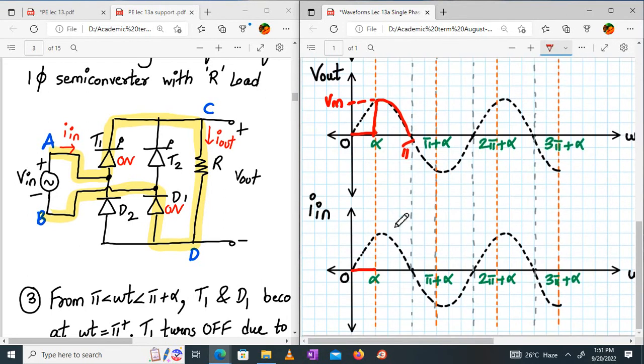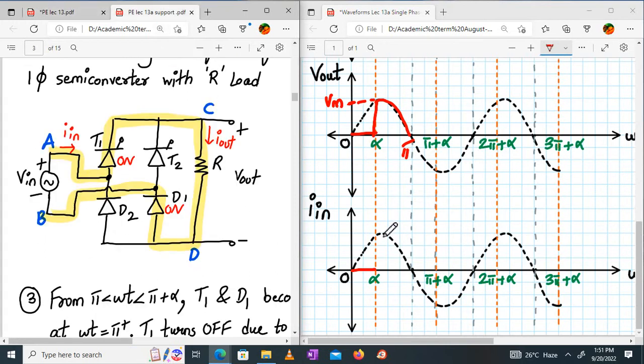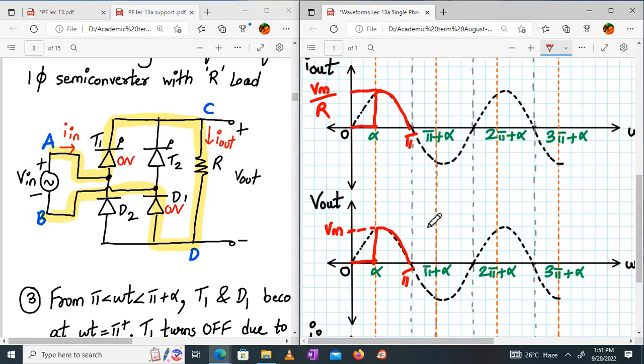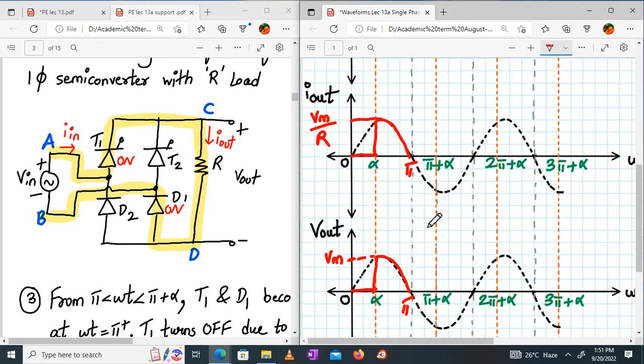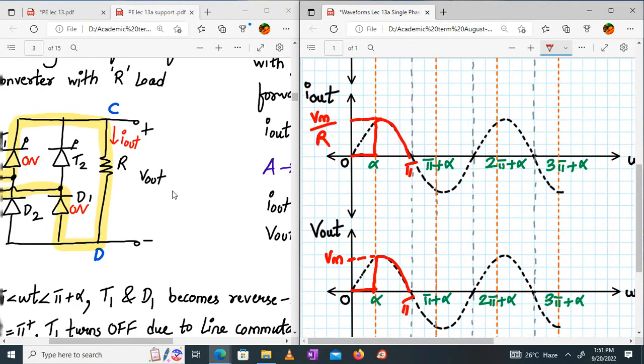What about input current? Input current nature will be the same. Your I out will be equal to I in. From alpha to pi, do you have any doubt? All your natures will be the same. Any doubt in this? Can we proceed forward?